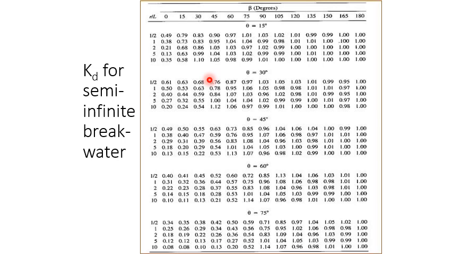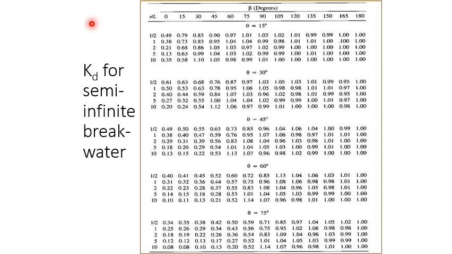Last but not least, the KD value further depends on the ratio of R over L. R is the distance of the point of interest from the tip of the barrier. L is the wavelength of the incoming wave.